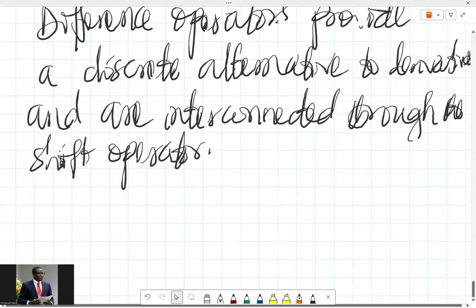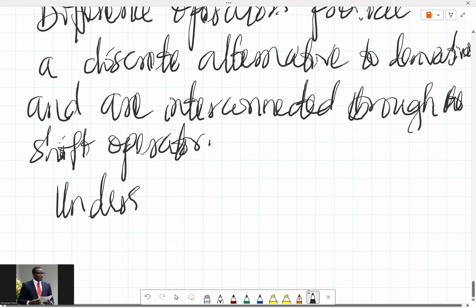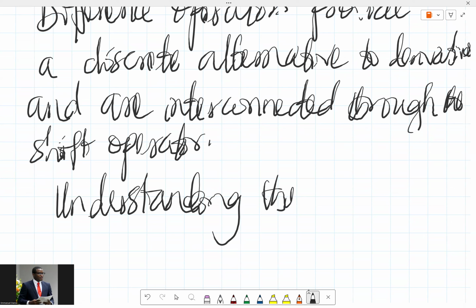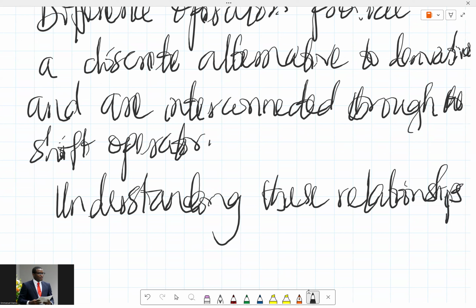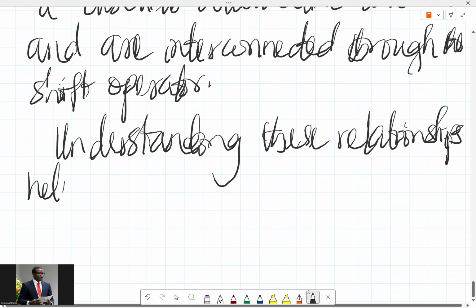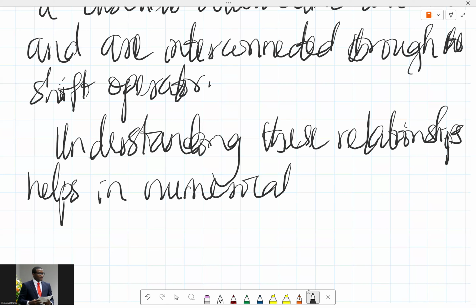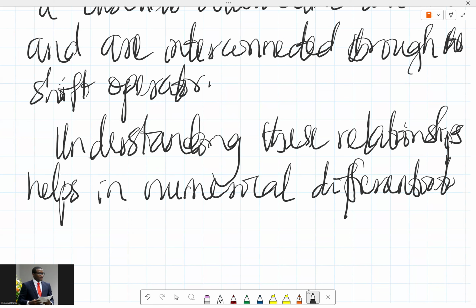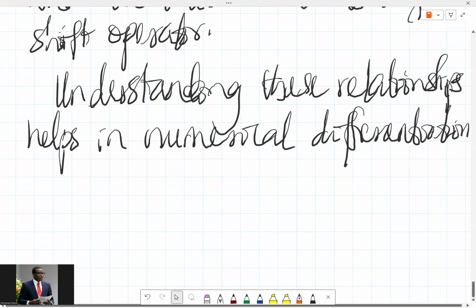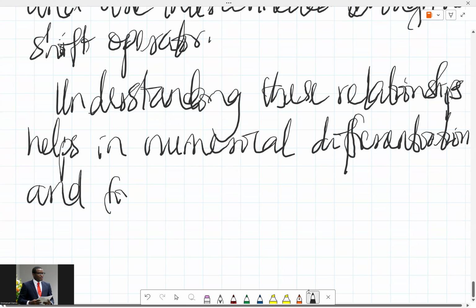Understanding these relationships helps in numerical differentiation and finite difference approximations.